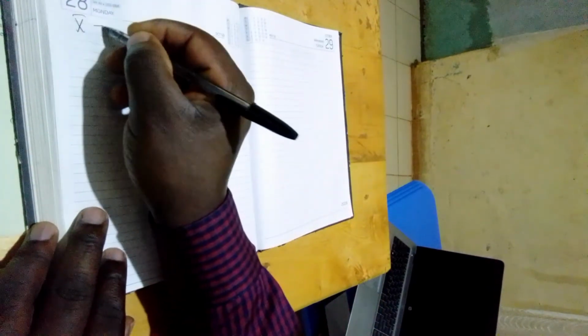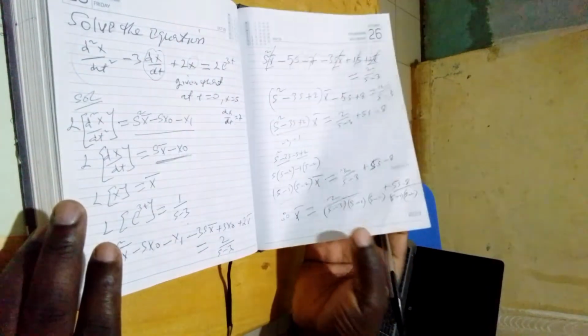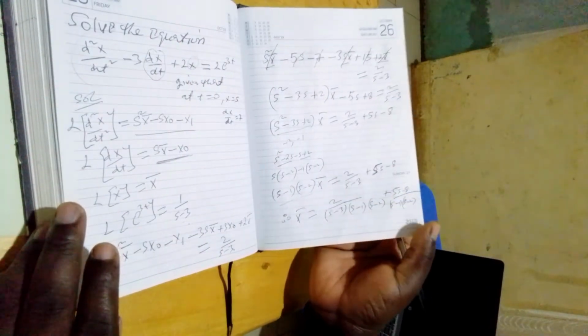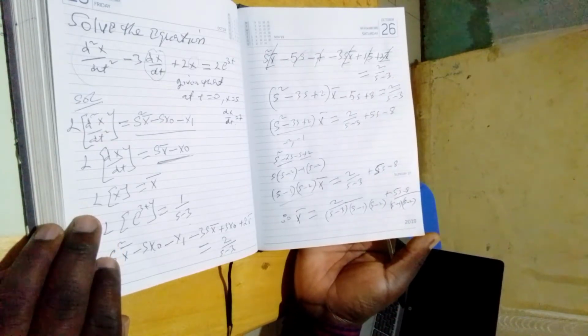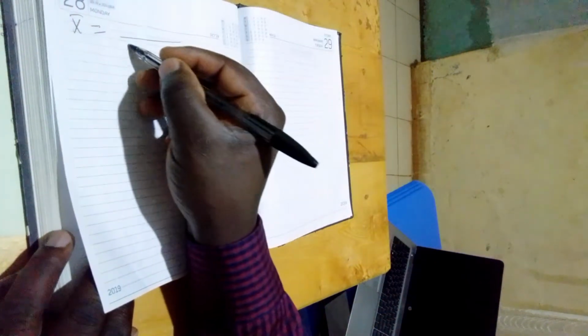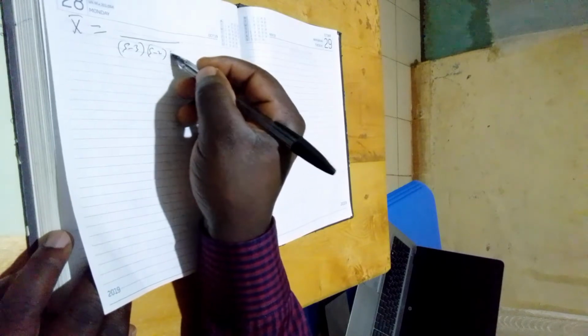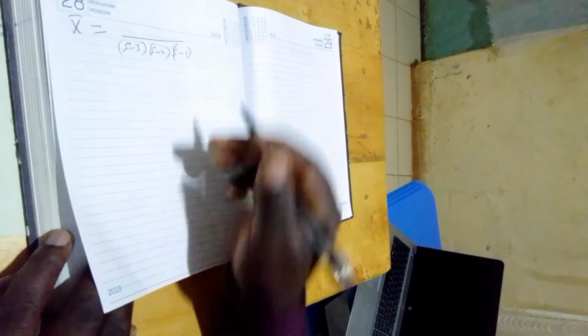So x bar equals to, what will be the LCM? We want to add this and that, so the LCM will be (s minus 3)(s minus 2)(s minus 1).